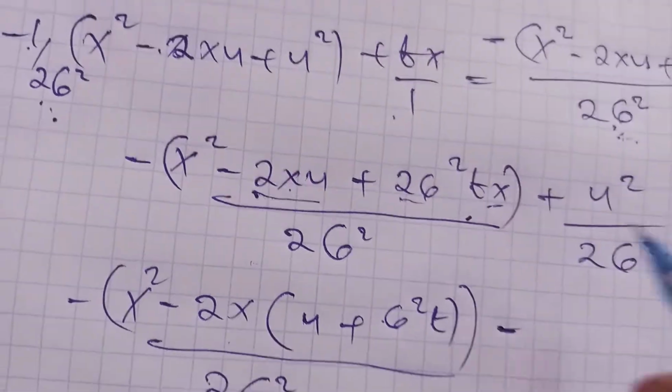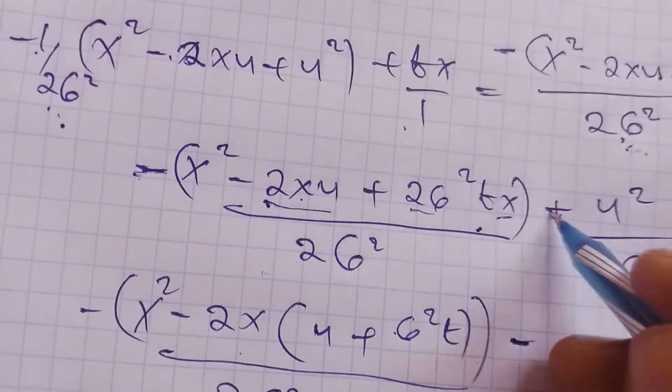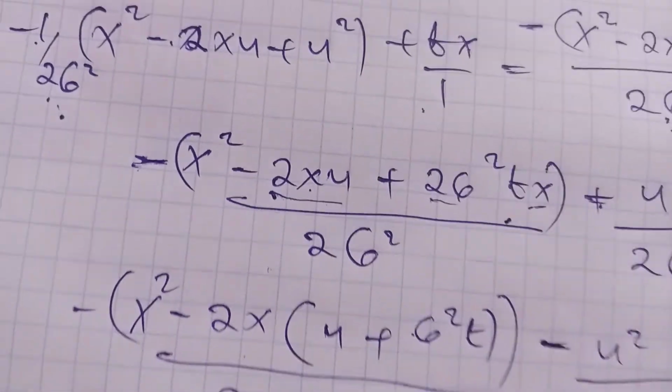Then minus, because of this negative here, it will be negative u squared plus 2 sigma squared.